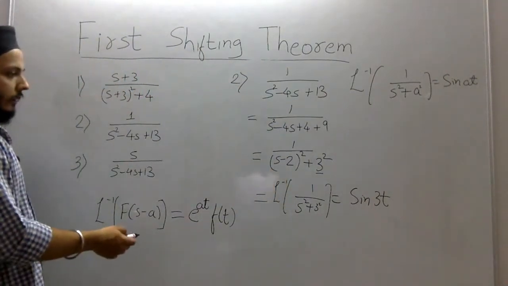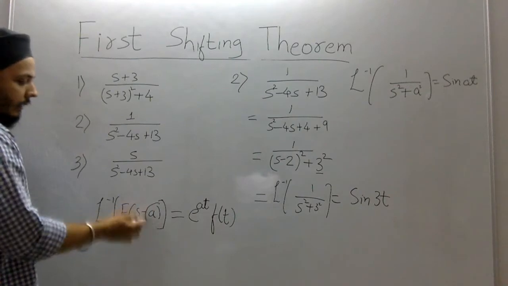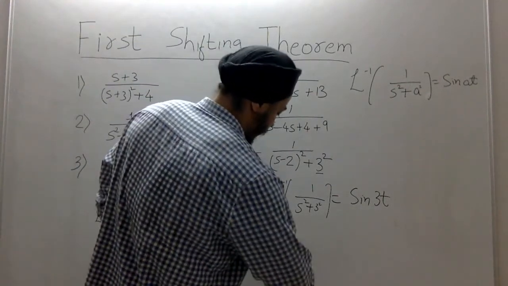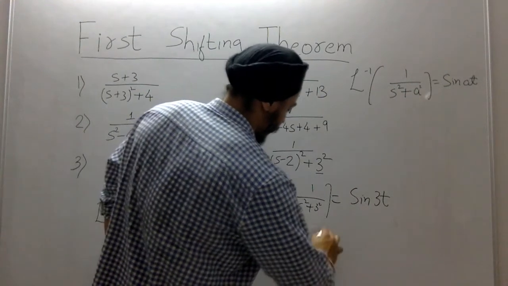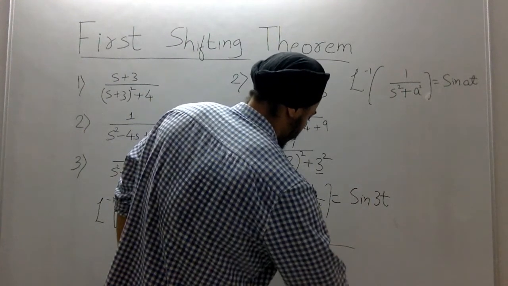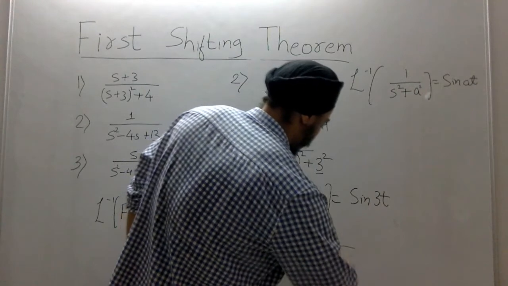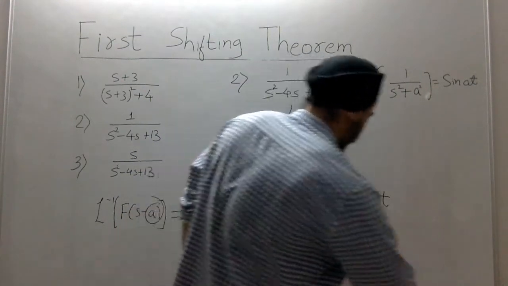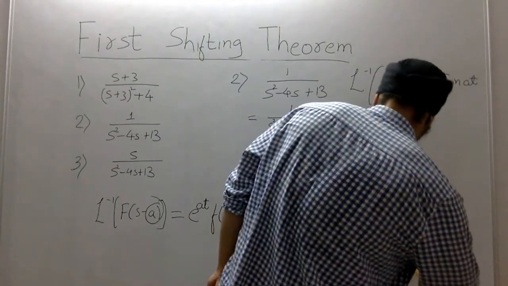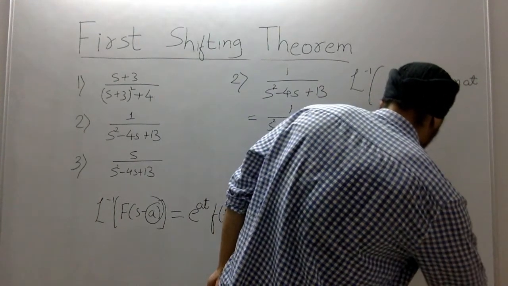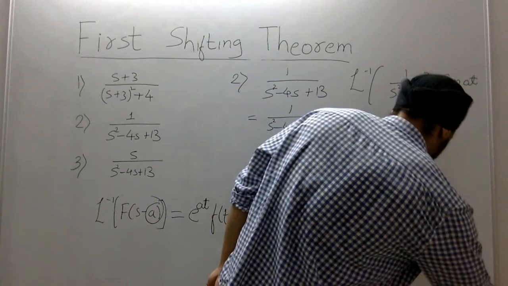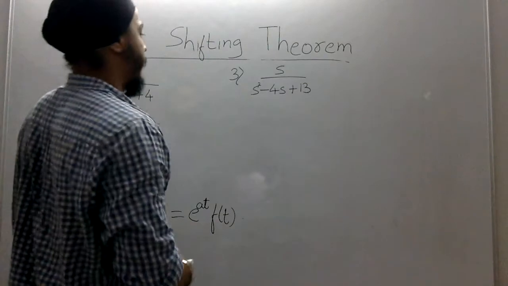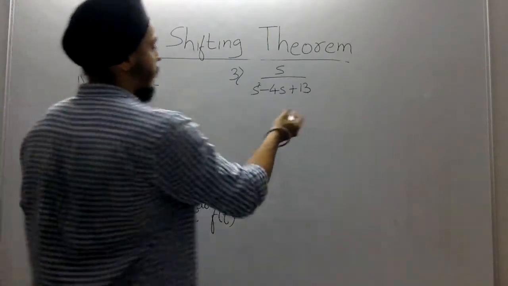Now using the first shifting theorem, here our a is 2, hence the Laplace inverse of 1 over (s minus 2) square plus 3 square becomes e to the power 2t sin 3t.